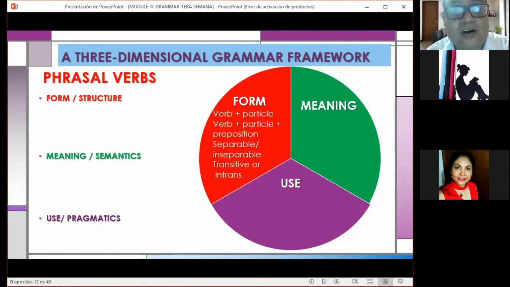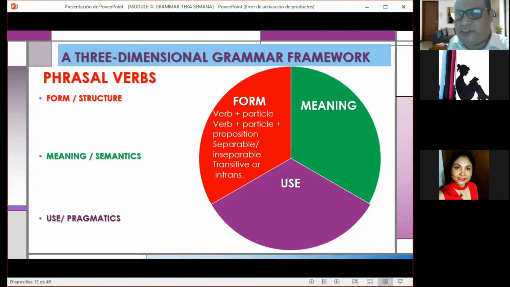Remember, one meaning. And these phrasal verbs could be separable or inseparable, transitive or intransitive. So we can separate this verb or we cannot. They could be transitive or intransitive.